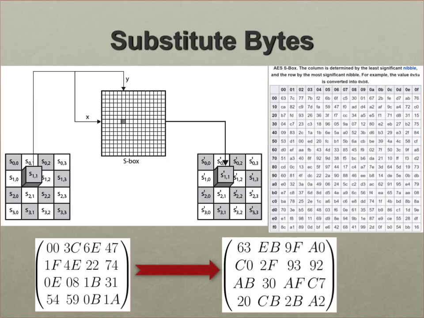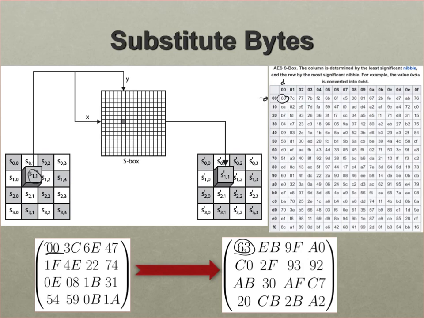So this is the first state. Of course the Vernam cipher is a normal XOR. This is the substitute, and in the substitute, what we do is very simple. From the state matrix, which is the result after the first stage of add round key, we get each byte. Each byte is nothing but 8 bits, and 8 bits can represent 2 hexadecimal digits. So we take these hexadecimal digits, so this is a 0 and this is 0, so the result will be 63.